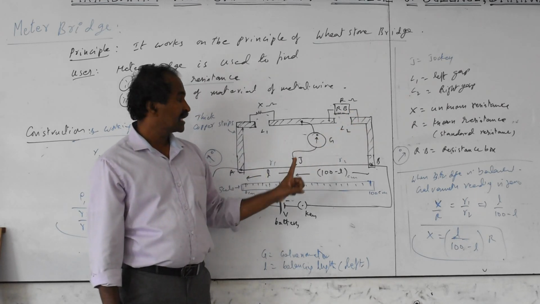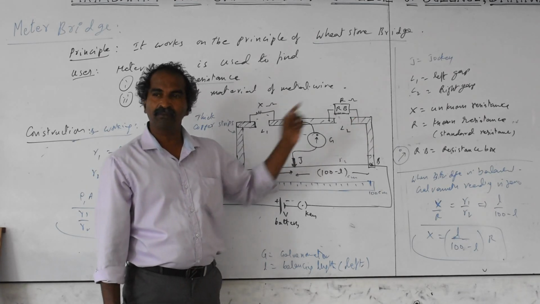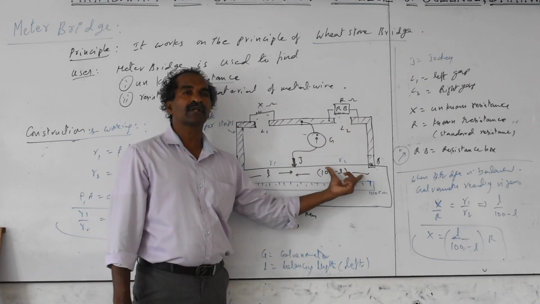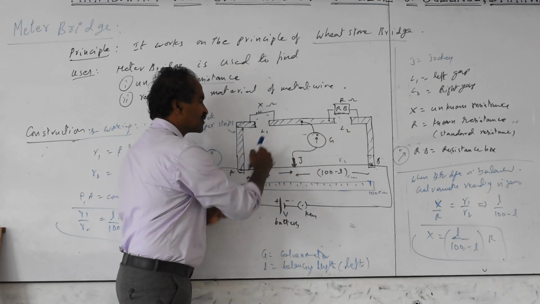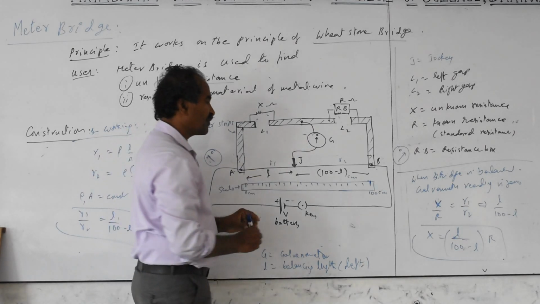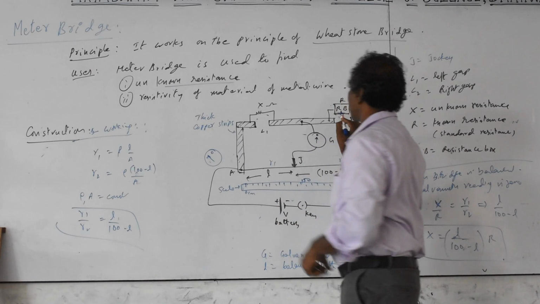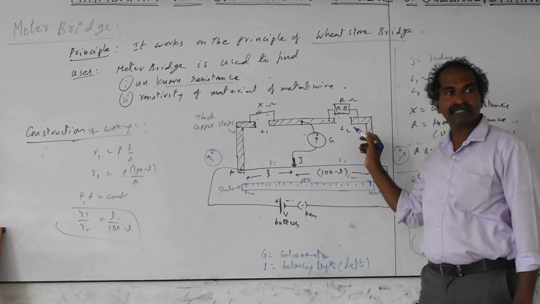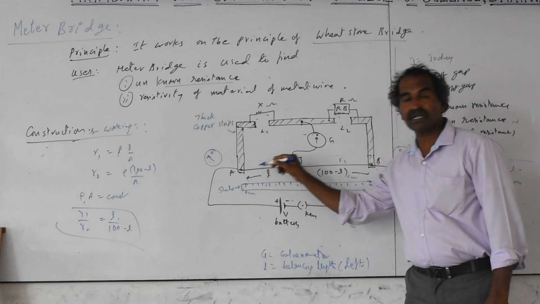If X equals R, left gap resistance equals right gap resistance, and automatically left length will equal right length. That means if this is 2 ohms and this is also 2 ohms, then balancing over 100 centimeters will be at the 50 centimeter point. So adjust the right side resistance such that you get the balancing point around 50 centimeters, not at this corner or this corner.